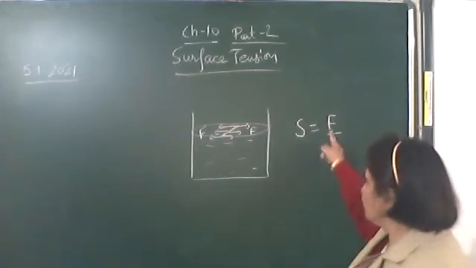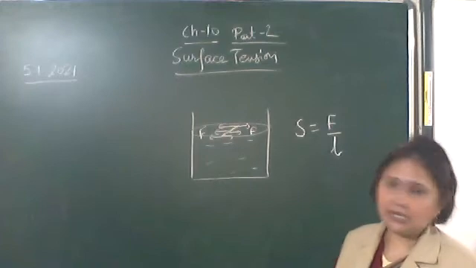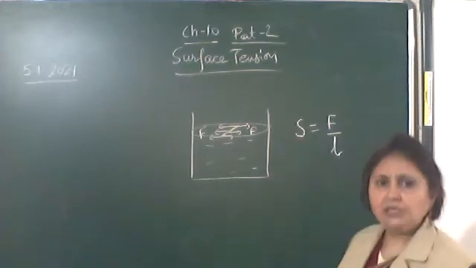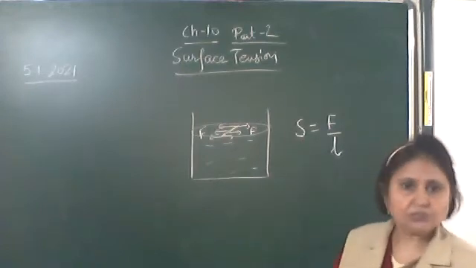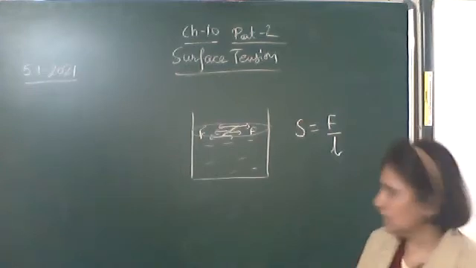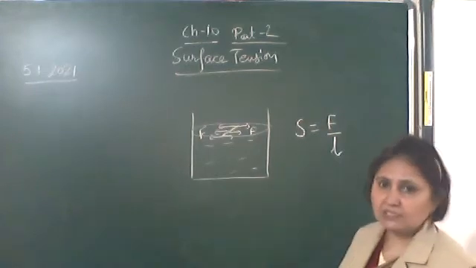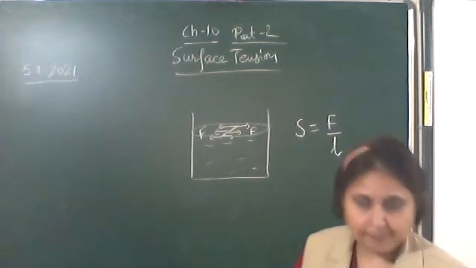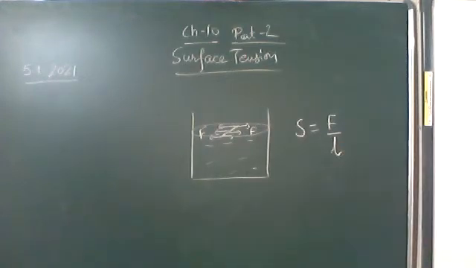So this force per unit length of the imaginary line we call surface tension, represented by S, or in some books by T. So surface tension S is equal to force per unit length. Draw the figure and write down S is equal to force per unit length, and now we'll define.